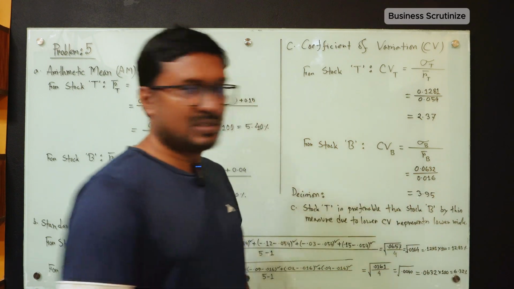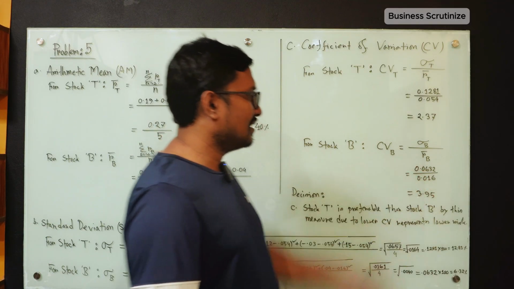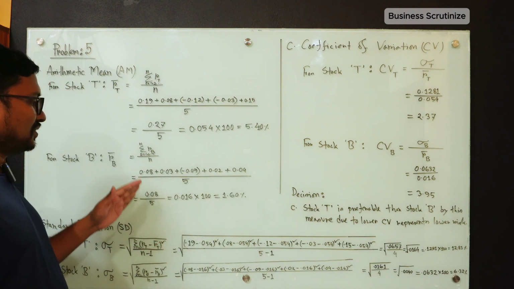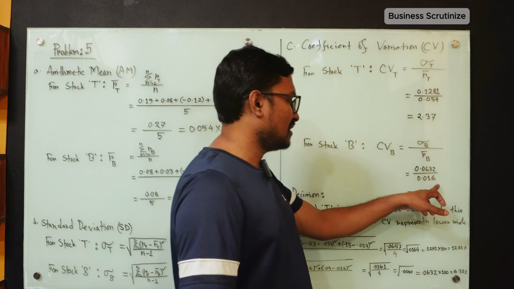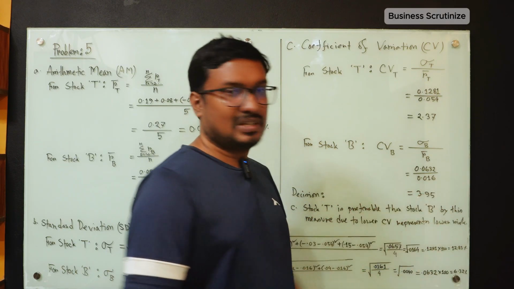So you have to input 0.0632, and that should be divided by the arithmetic mean of stock B, which is 0.016. So after division we will get 3.95.